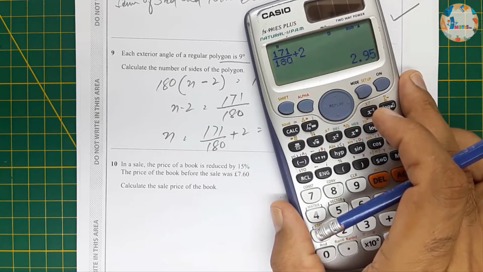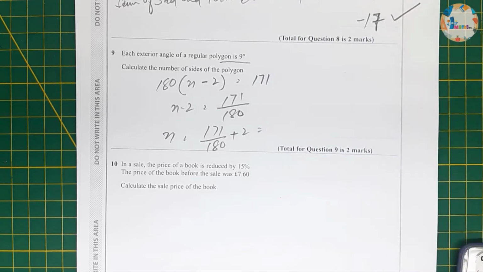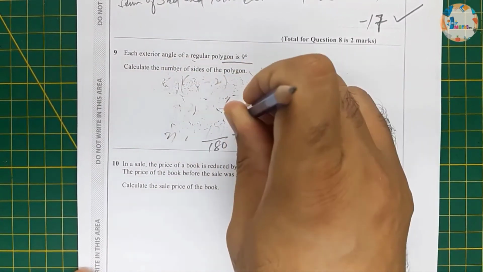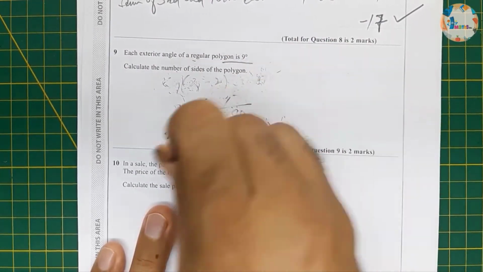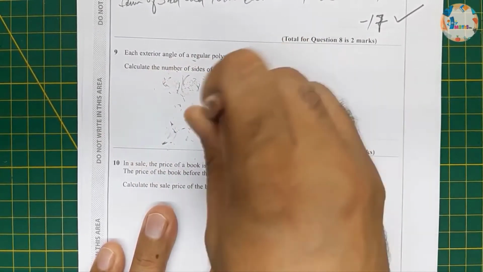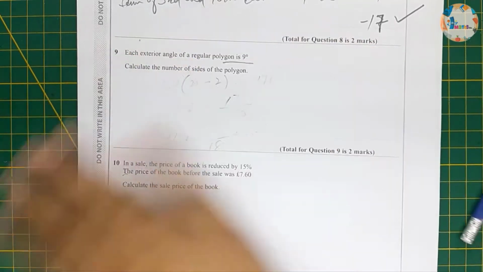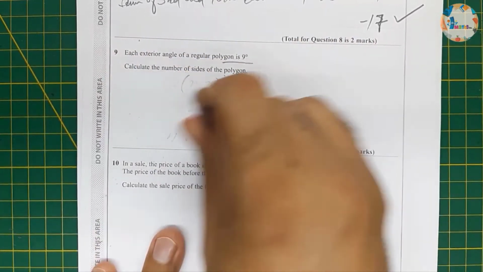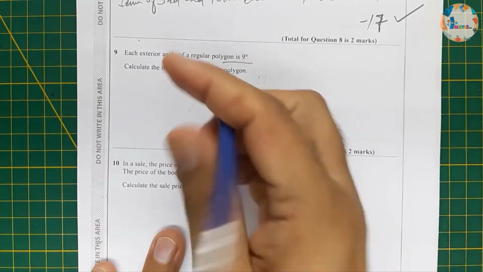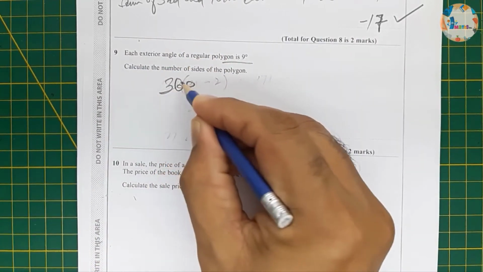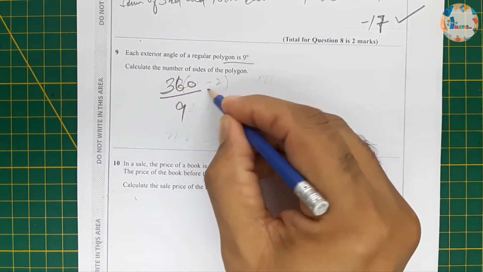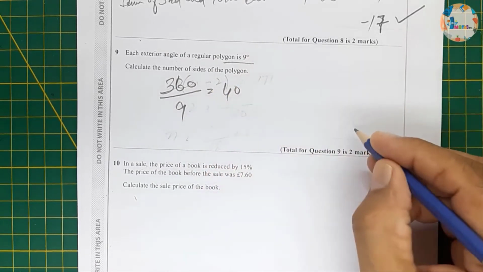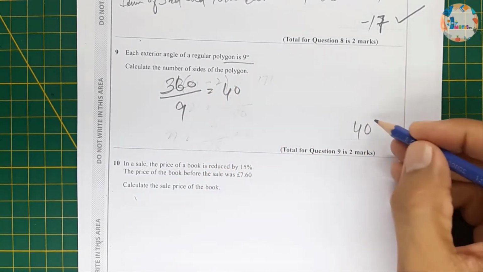What we can do, we can divide 360 by 9, so it will be 40 number of sides. Basically, the easier route will be, for example, 360 divided by this 9, which is equal to 40, so it will be 40 sides.